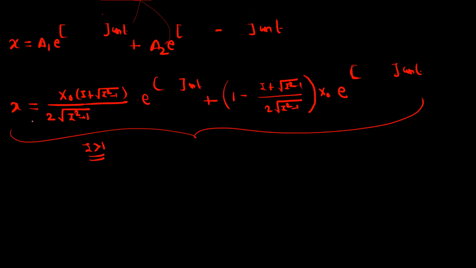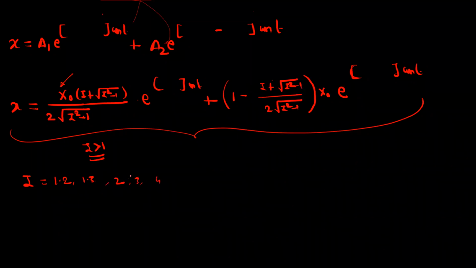Okay, so if you observe this complete equation, x0 is the initial value of the displacement when time t is 0, so this is a constant value. Zeta is also a constant value. As it is greater than 1 for an overdamped system, it can be 1.2, 1.3, 2, 3, 4.